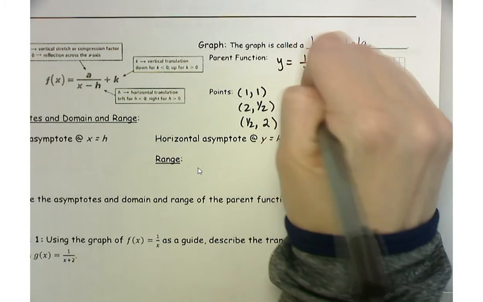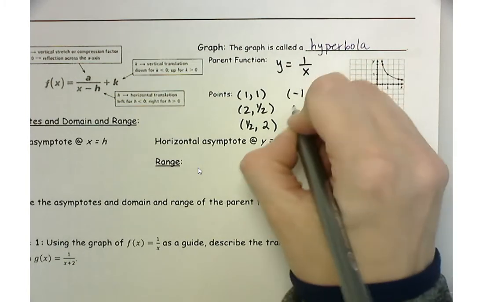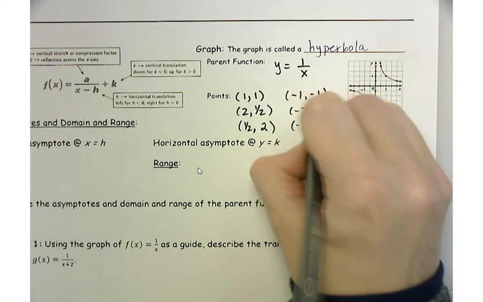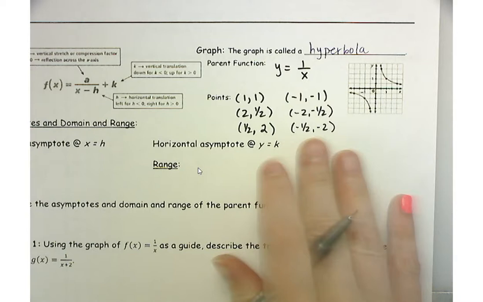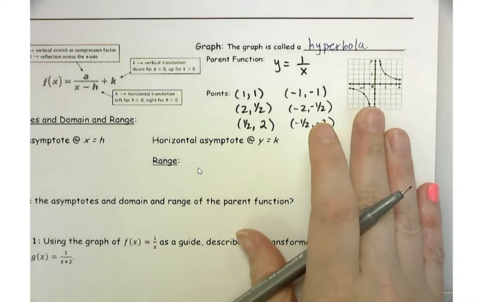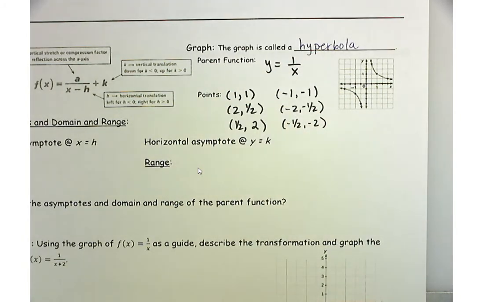So if you plug in -1, you get -1. -2 would be -1/2, -1/2 gives -2. These are just some points that we can use when we're graphing. We can graph the parent function and then use the transformations to adjust the graph. So again, there's some review stuff from first semester in here.